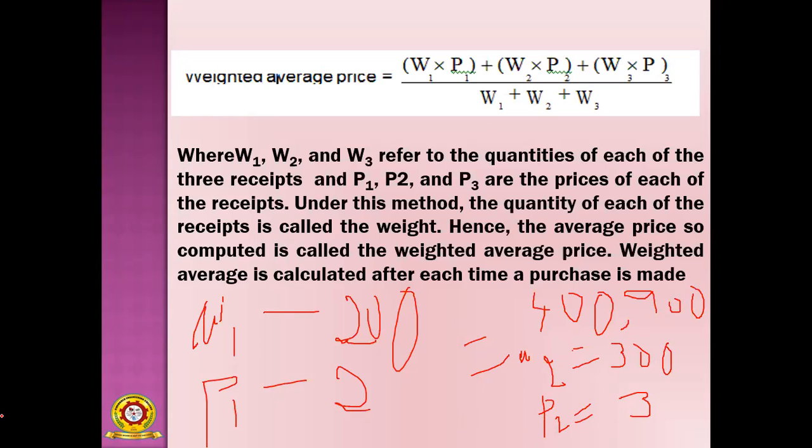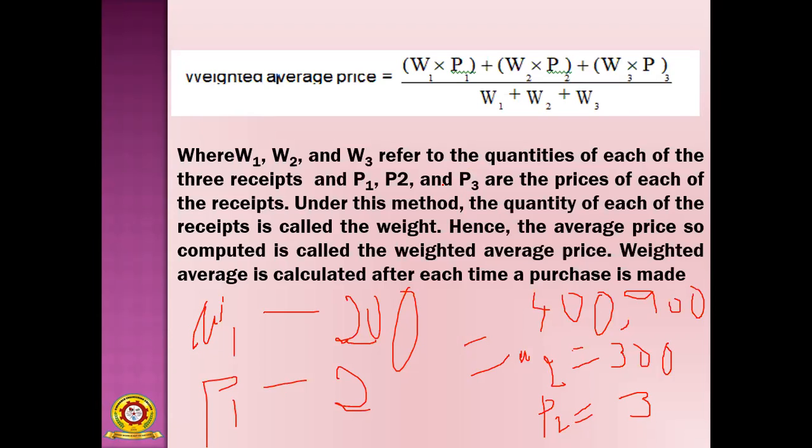After that, W1 into P1 is 400 and W2 into P2 is 900, and W3 into P3, taking an example, 200 into 3, 600, divided by W1 plus W2 plus W3. W1 is 200, W2 is 300 and W3 is 200.